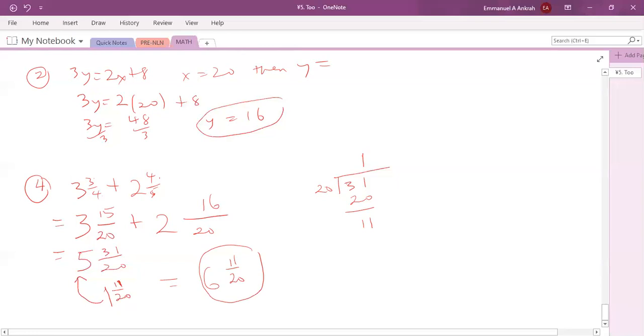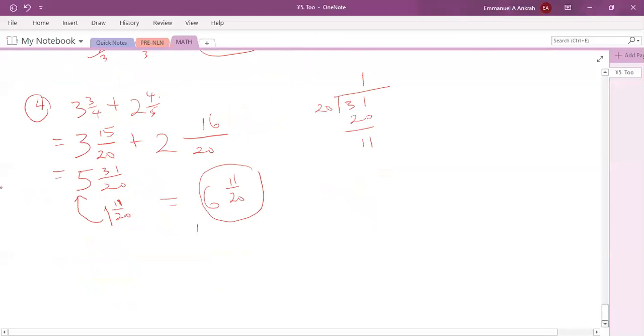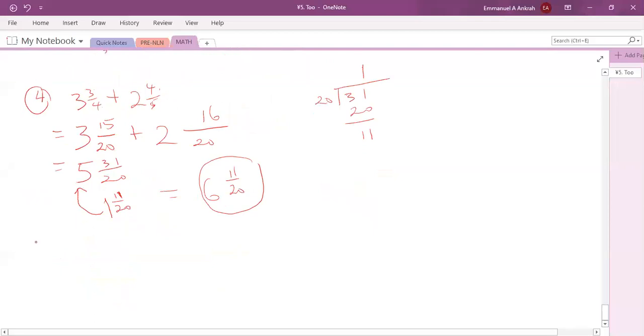And then the last one for today, you find a volume. Volume of a cube, which is number 5. Remember, volume is area times height for all volumes.